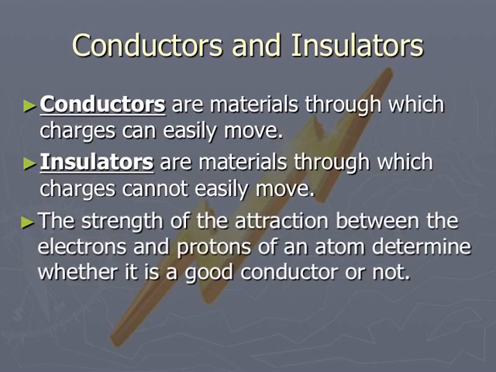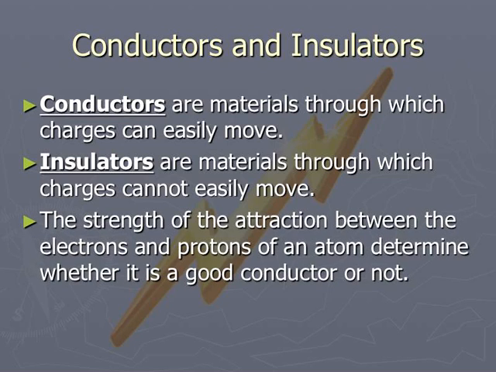On the atomic level, what makes something a conductor or an insulator depends on the attraction of those outermost electrons to the nucleus. The stronger the attraction between the electrons and the nucleus, the harder it is for the electrons to move, and the better of an insulator it is. When we're talking about a metal, that outermost band really isn't attached to the atom; it just flows around at will, so those are good conductors.